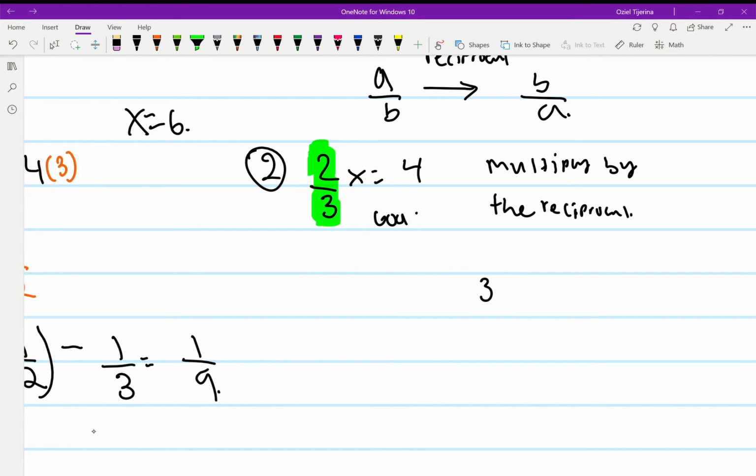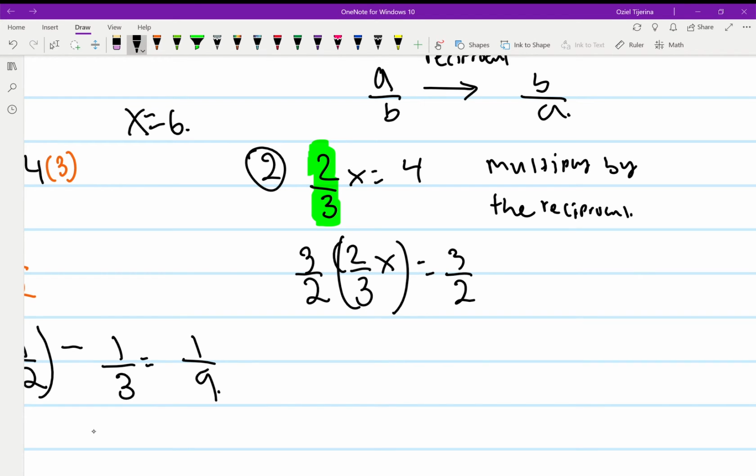How we do that is we multiply by the reciprocal, so it's going to be 3/2 times 2/3 x, equal to 3/2 times 4. If you don't know how to multiply fractions, it's 3/2 times 4 over 1.